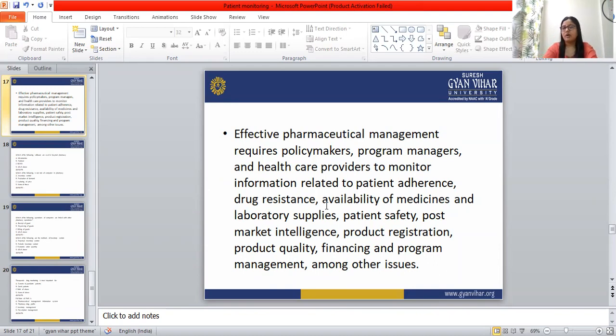So this is all about the uses of the computer in the pharma field, the pharmaceutical management system.